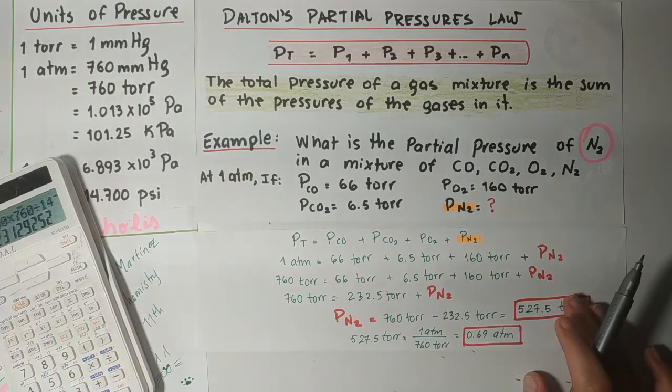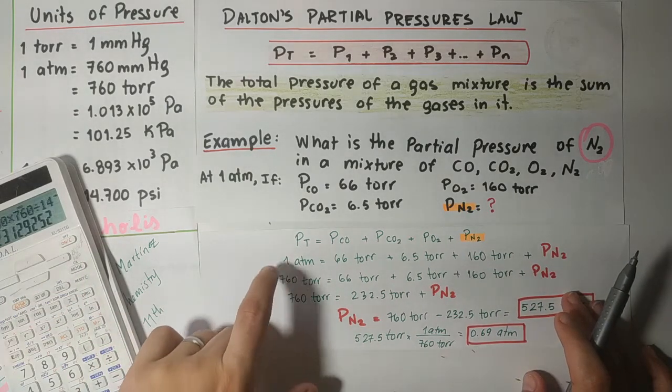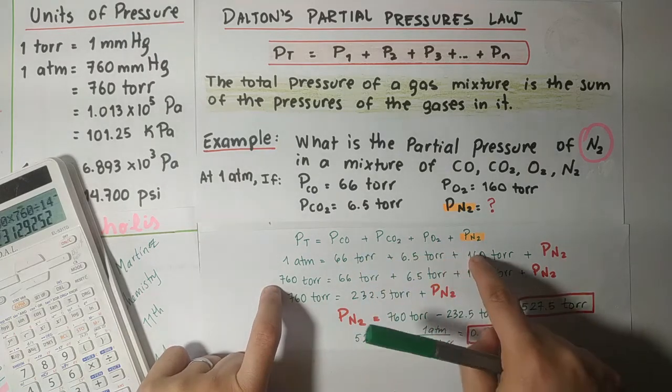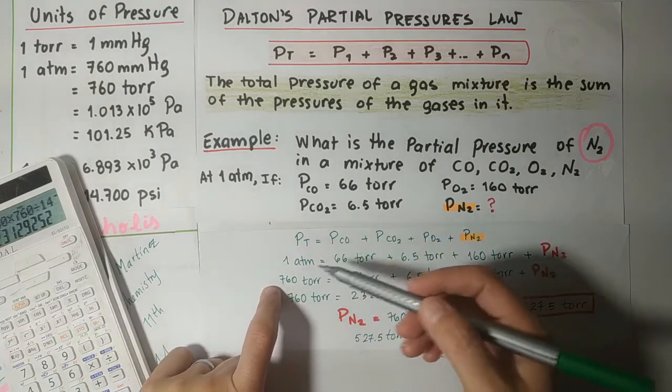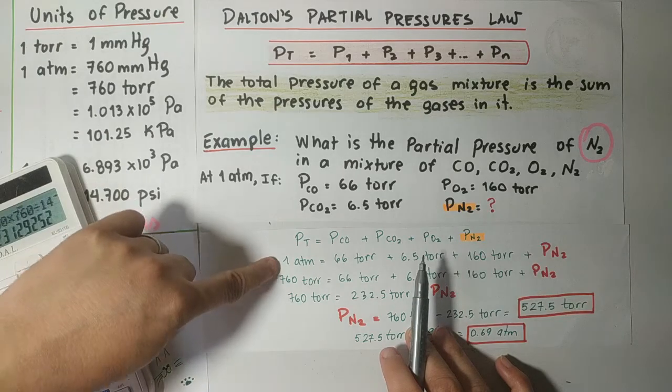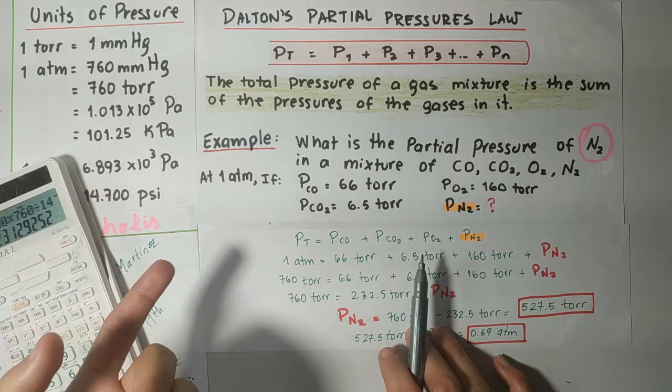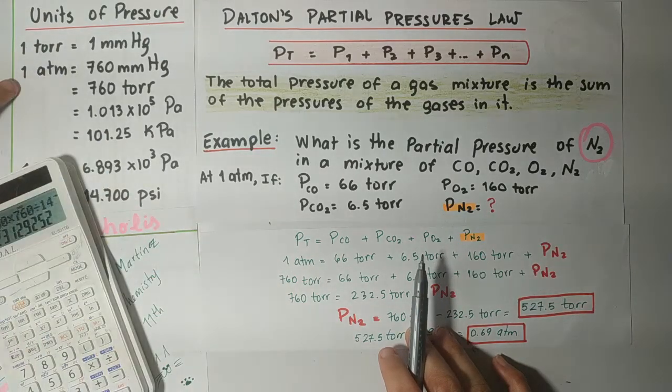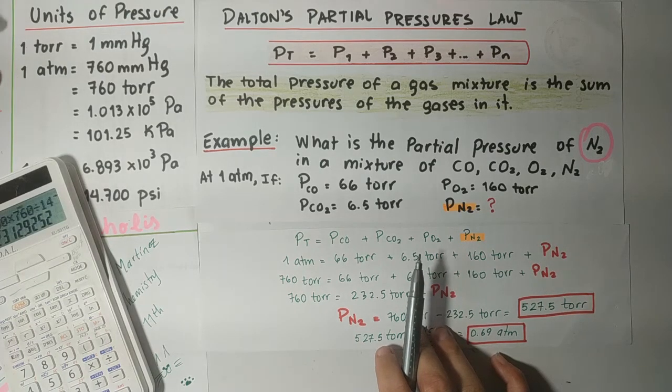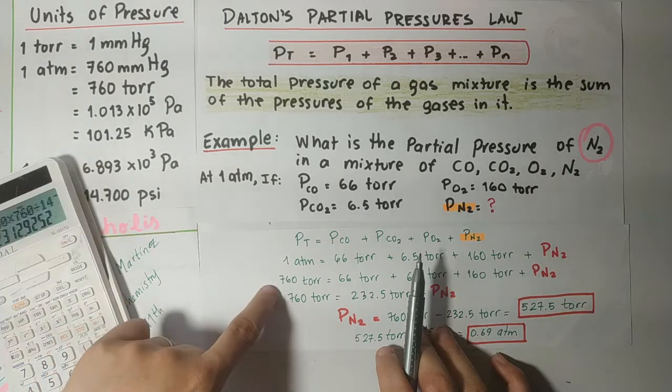So it is easier to convert from ATM to torrs than all these individual torrs to ATM. That's why I did it in this way. So from 1 ATM, how much is that in torrs? According to my units of pressure, in 1 ATM I have 760 torr.